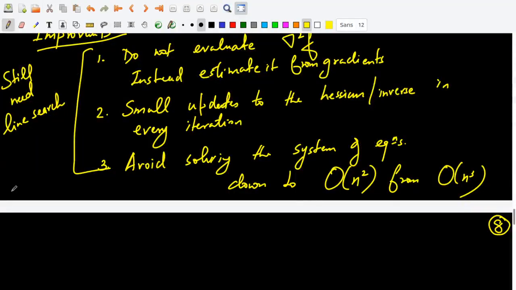And we still need to do these order n square operations, which are primarily products of a matrix and a vector. And this really improves the whole method a lot, but the downside is that we lose quadratic convergence.